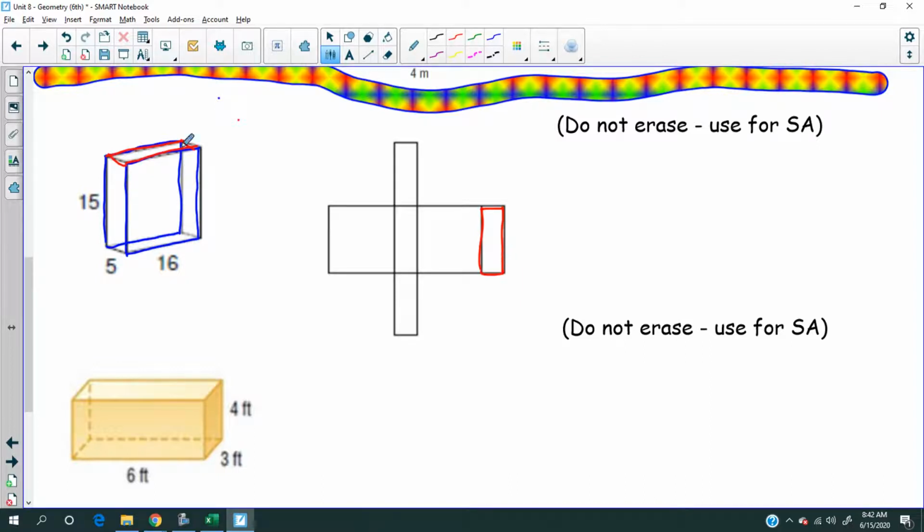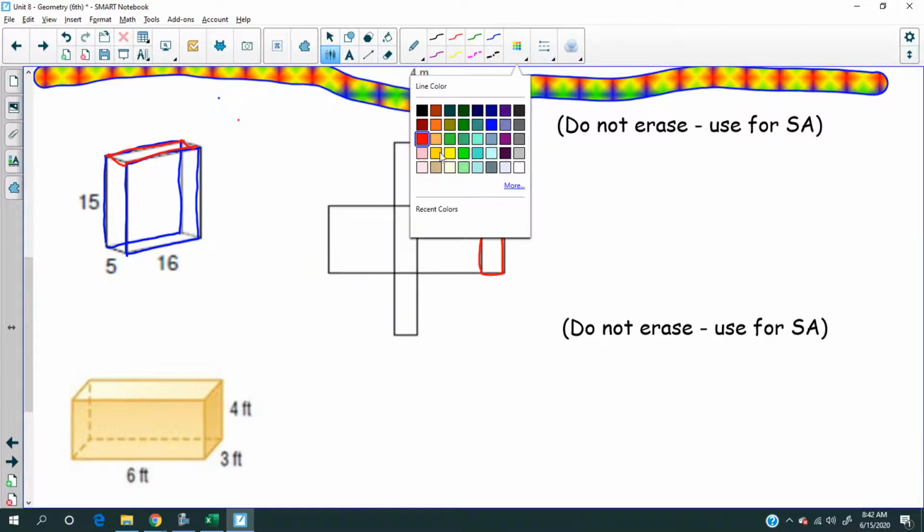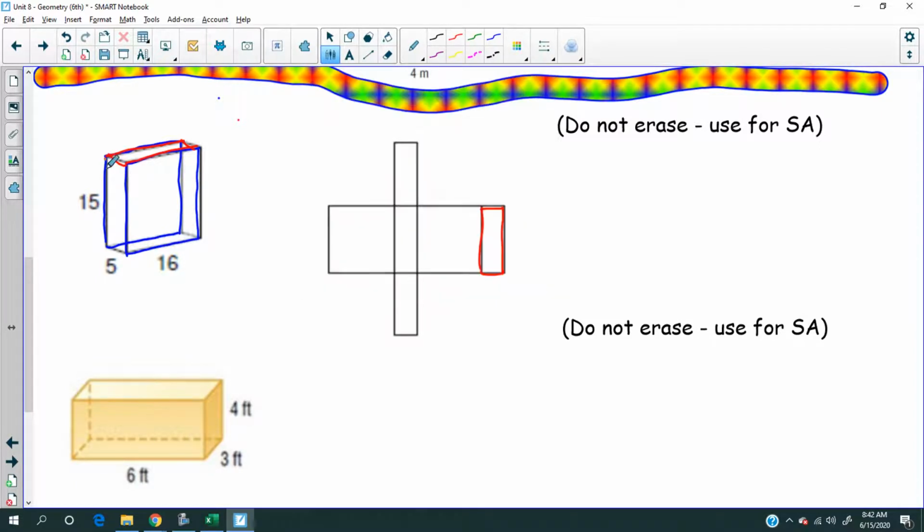Then they unfolded the three really narrow rectangles like that. The problem is right now I'm having a hard time identifying which one here is 16 and which one is 15. It might be easy for you, but it's far from easy for me.